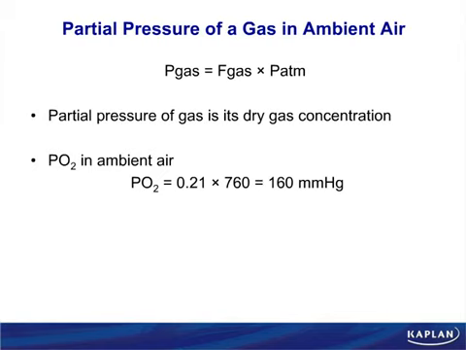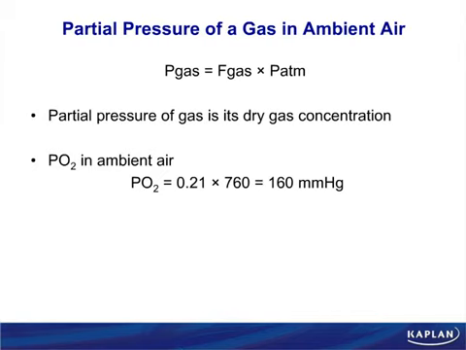First thing we have to do is just remind ourselves of some basic ideas of gas and pressures. So, pressure of a gas, the partial pressure of a gas. So P here stands for partial pressure of the gas, is equal to the fractional concentration of that gas times atmosphere.